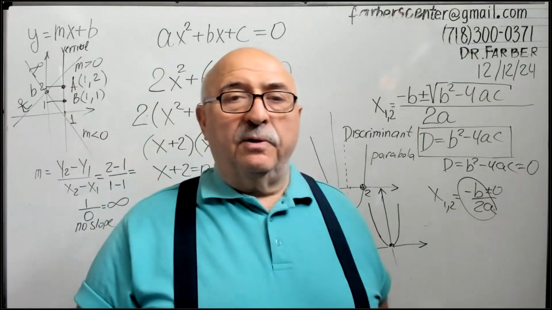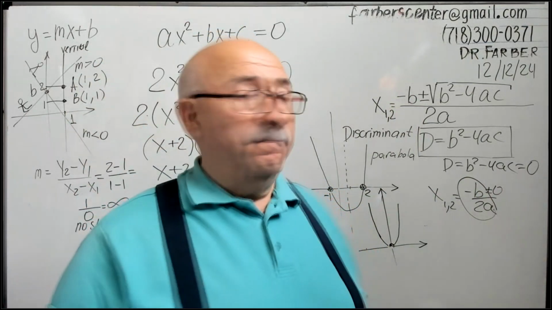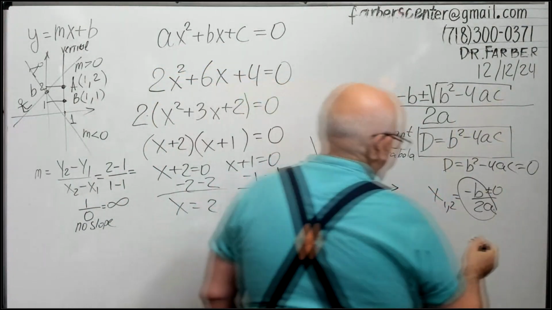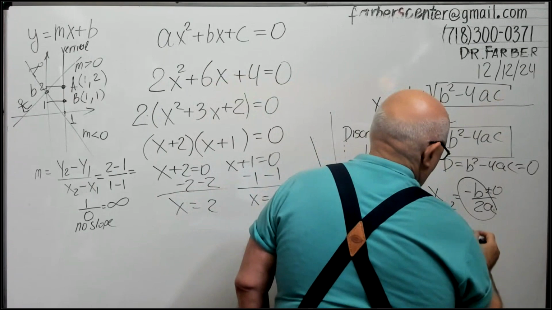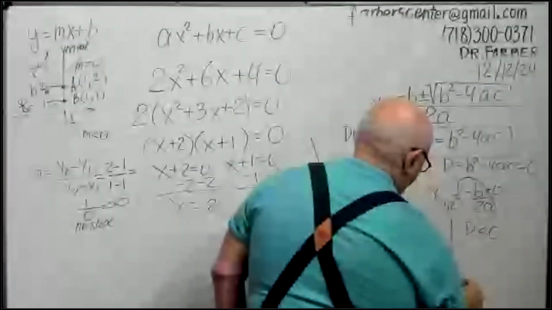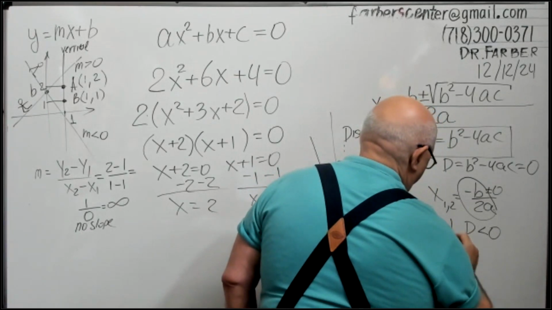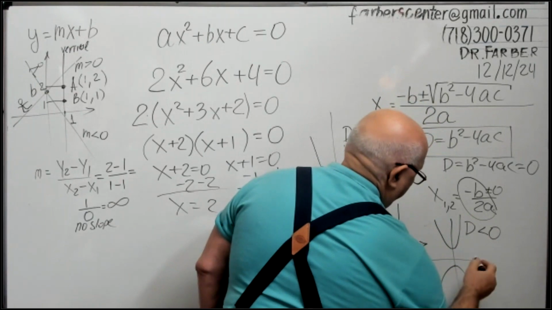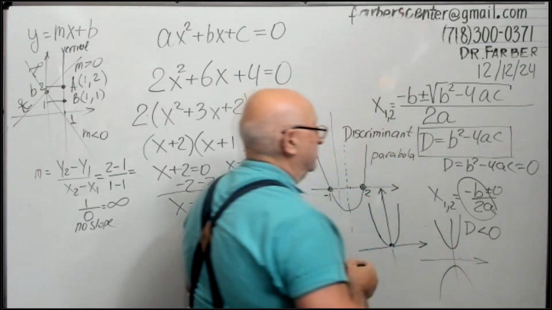And finally, one more situation. When the discriminant is less than 0, the parabola can go like this, or like this, never touching the x-axis.